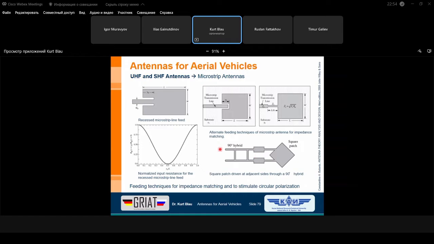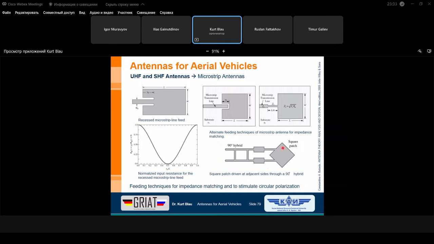And if you want to have right-handed or left-handed circular polarization depends only on whether you feed the hybrid at this port or at this port. The phase difference between the two outputs is in every case 90 degrees, but we speak only about a phase difference between these two ports. We assume, for instance, feeding here, it's, let's say, 0 degree, and here 90 degree. Feeding here, it's the opposite.